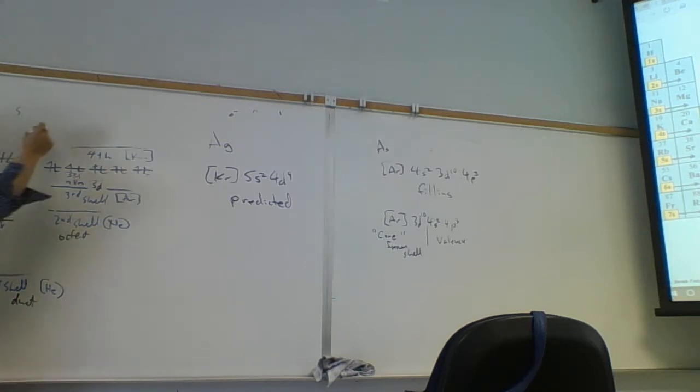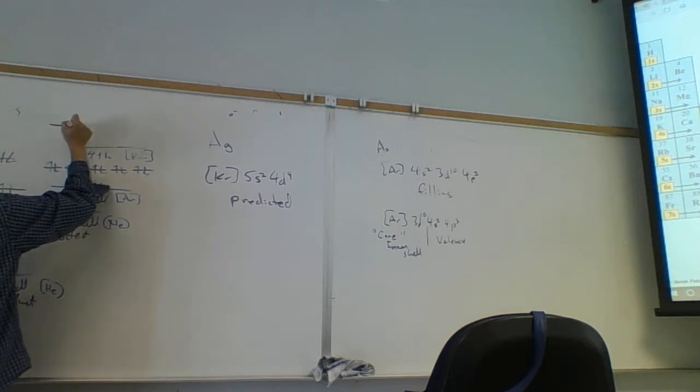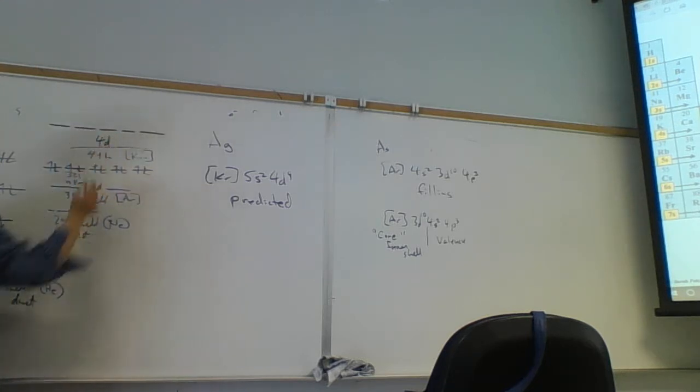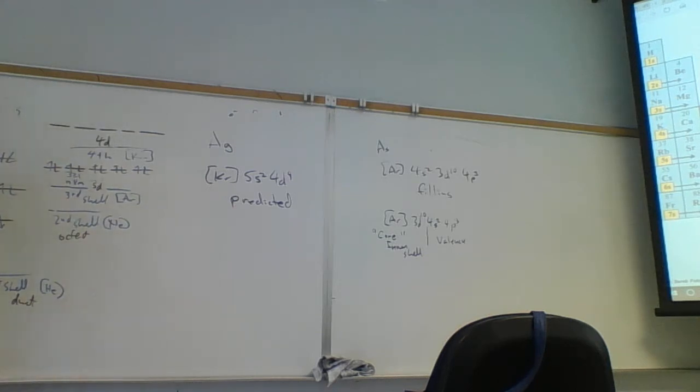And then go to 4d. 1, 2, 3, 4, 5. There are 5 4d orbitals. For a total of 10 electrons. And then from 4d goes to 5p. And do we go higher? Do we go to the 5d next? Or is that the end of the shell?